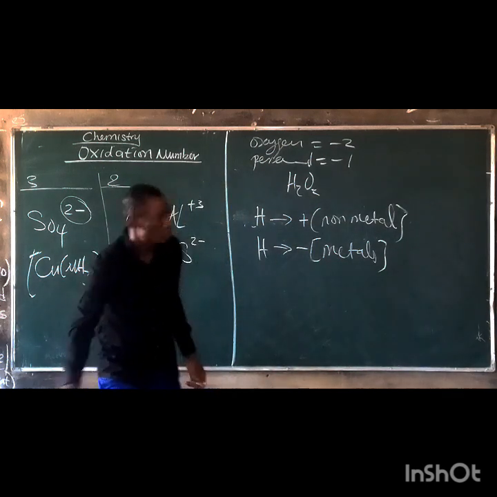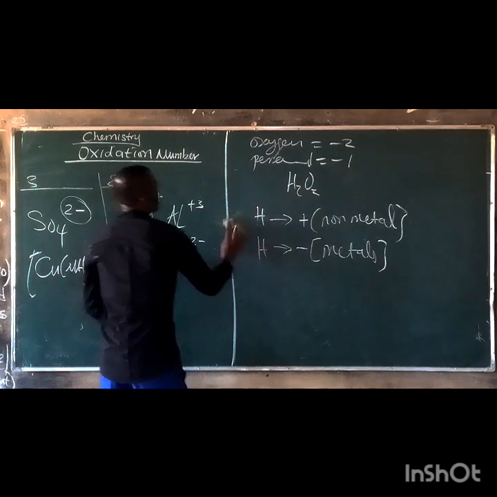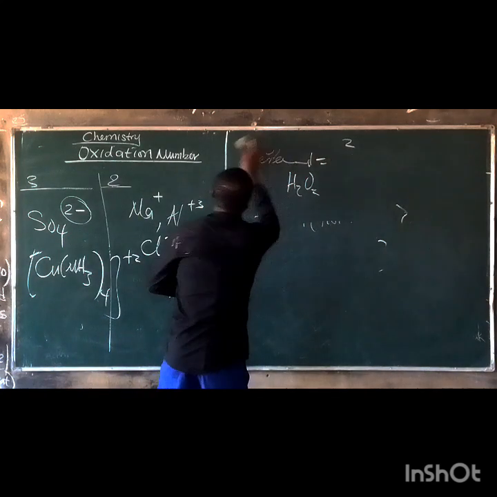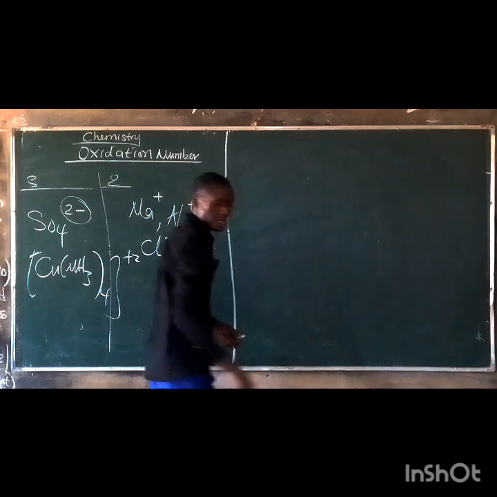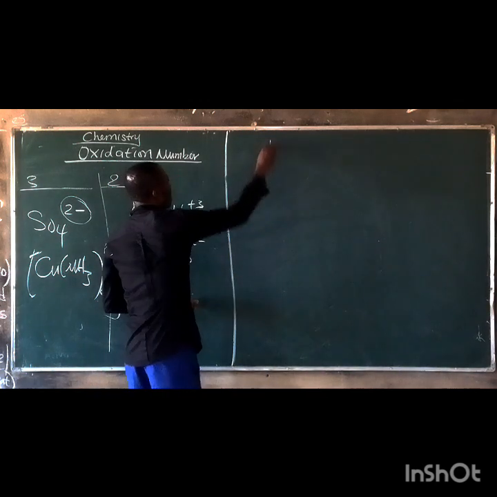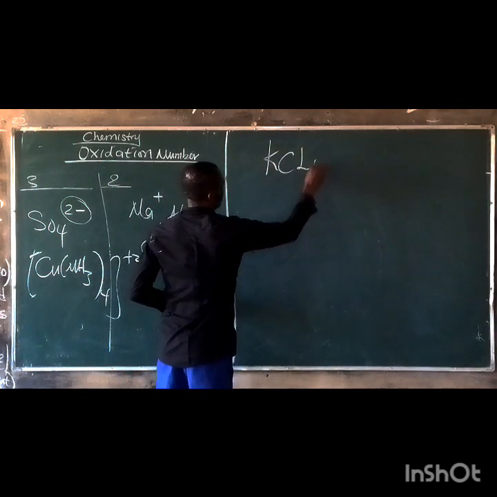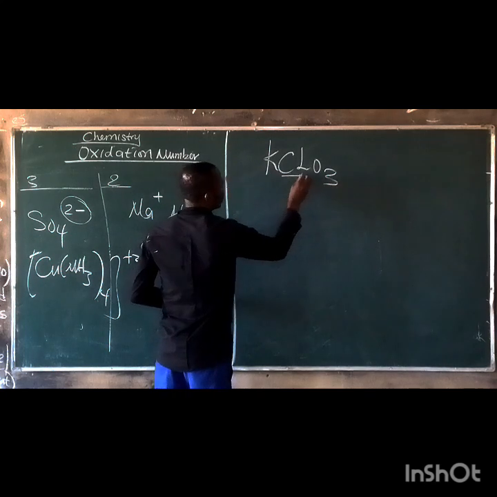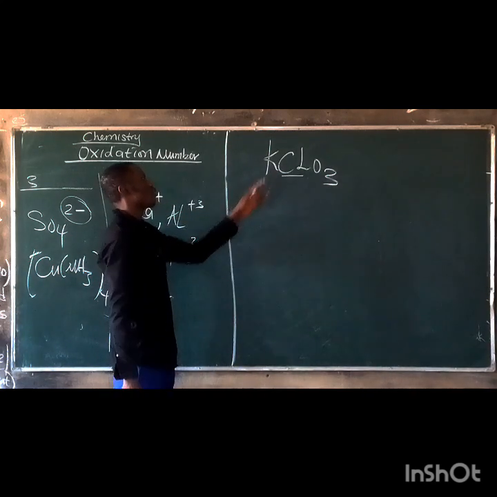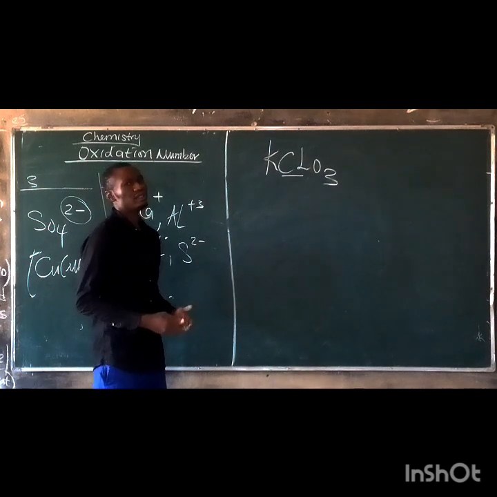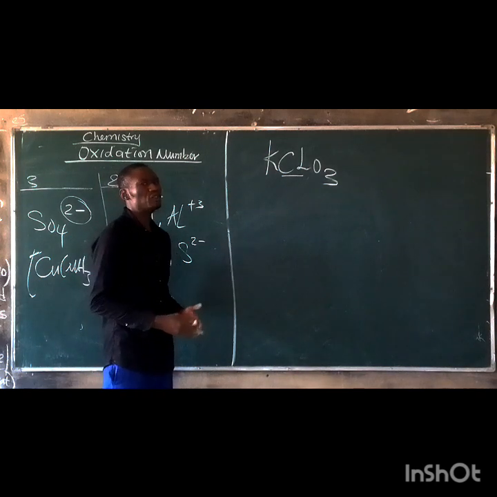Now let's see some problems, because problems are the most important thing now. Let's solve the problems. Let's say you are given these elements and you are asked to find the oxidation number for chlorine. What is the oxidation number for chlorine? What is the oxidation state of potassium according to the periodic table?